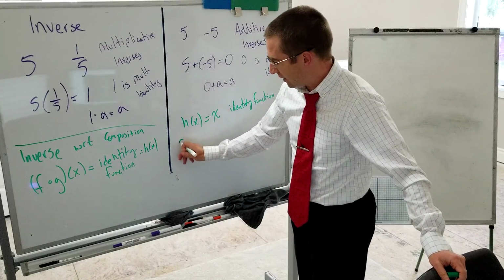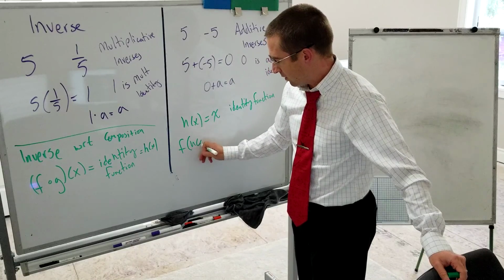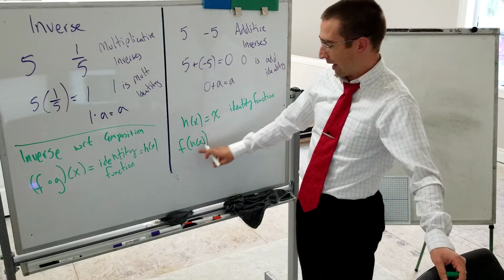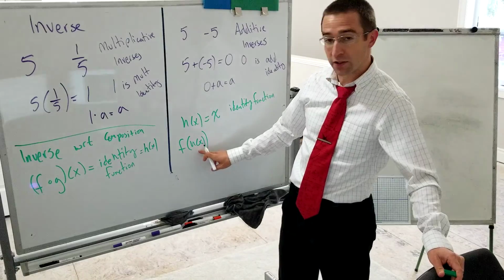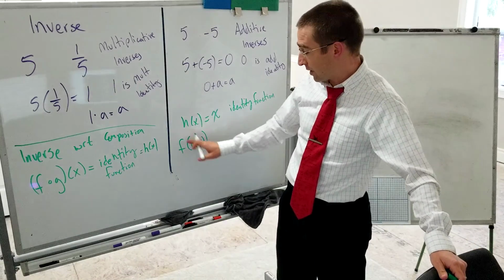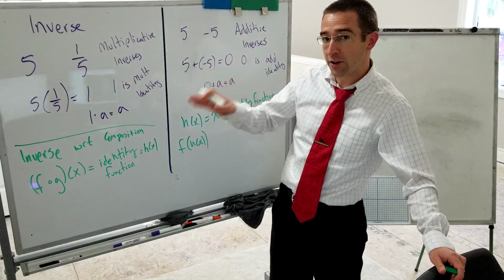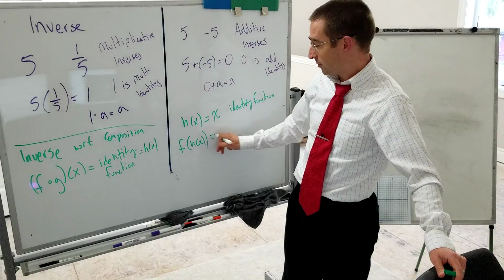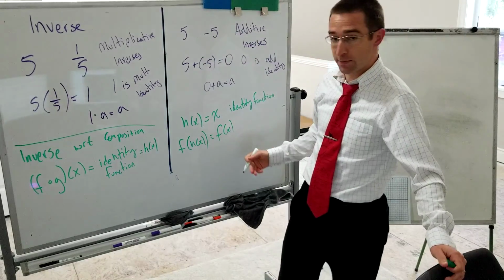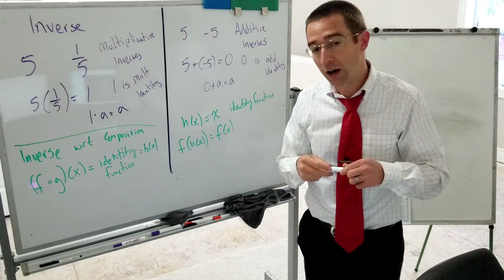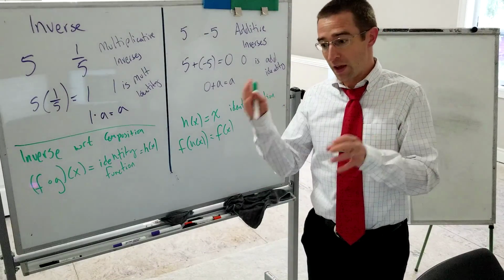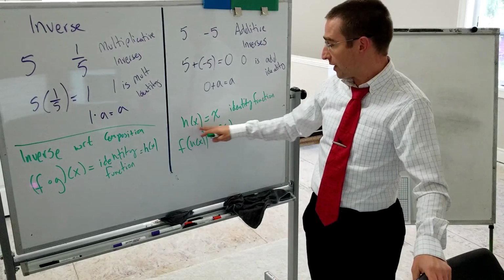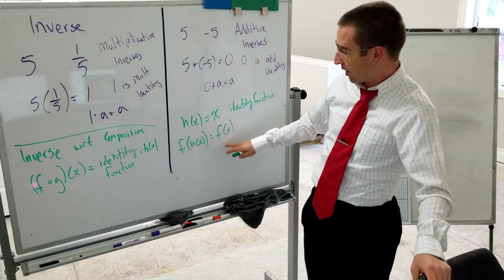If I take any function f and compose it with h of x, so f of h of x, I'm going to take my f of x function and replace all the x's with x's, and I'm just going to get f of x back. In other words, doing the composition with f of h of x, where h of x is the identity function, doesn't change the function.